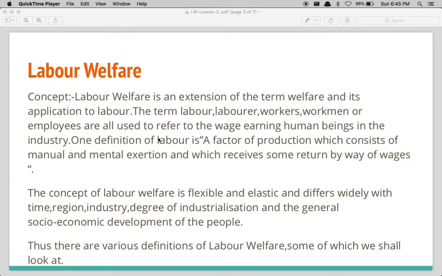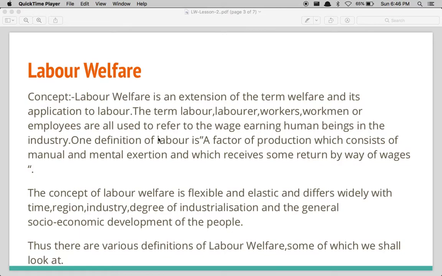Now, labor welfare is an extension of the term welfare and its application to labor. The terms labor, laborer, workers, workmen, or employees are all used to refer to the wage-earning human beings in the industry. One definition of labor is a factor of production which consists of manual and mental exertion and which receives some return by way of wages.